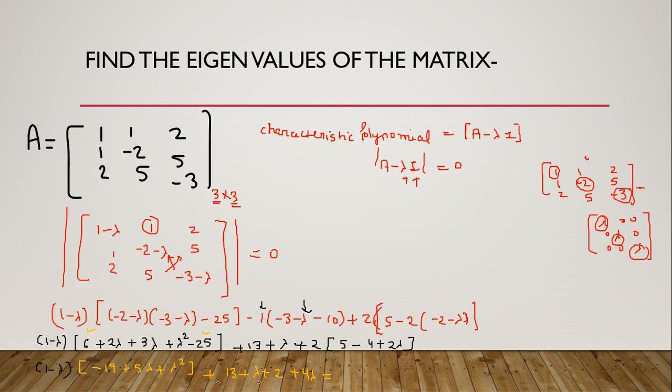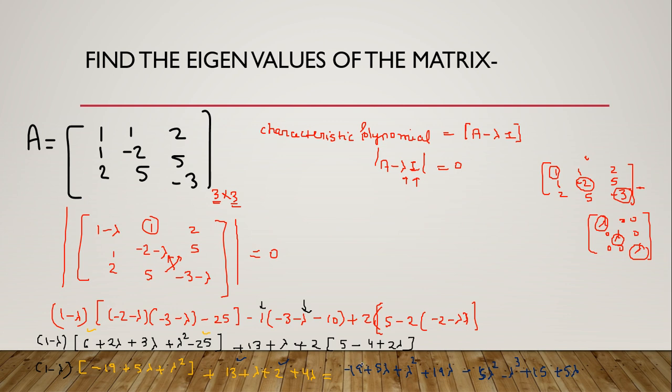Firstly multiply it with 1. So 1 will give you minus 19 plus 5 lambda plus lambda square. Then minus lambda will give you minus minus plus 19 lambda, minus 5 lambda square, and then minus lambda cube. Correct? The rest, 13 and 2, 15. Then lambda and 4 lambda, 5 lambda.